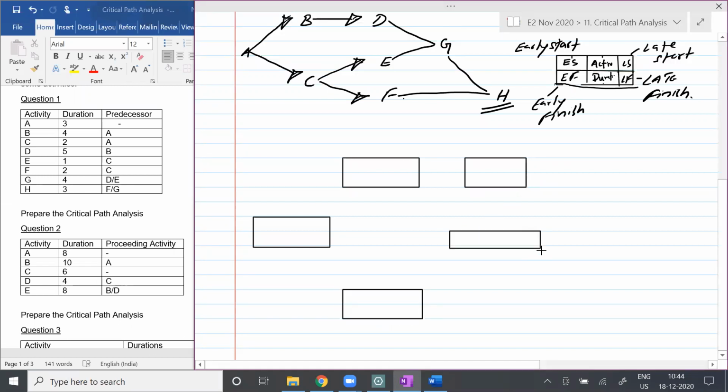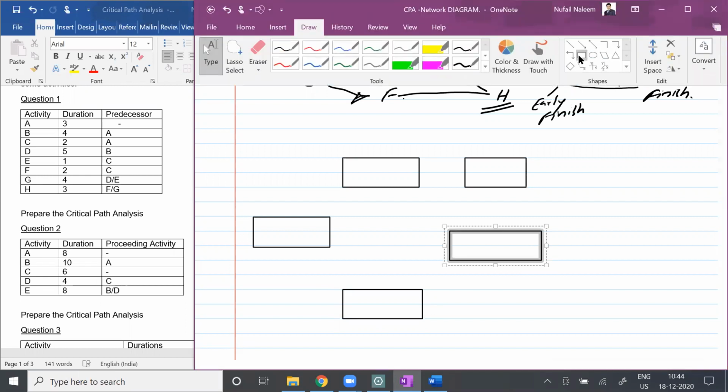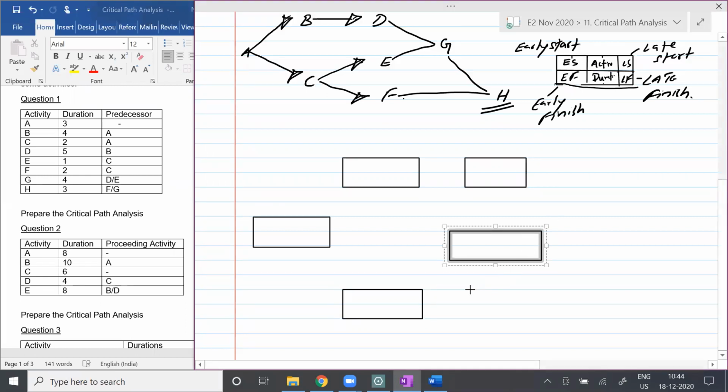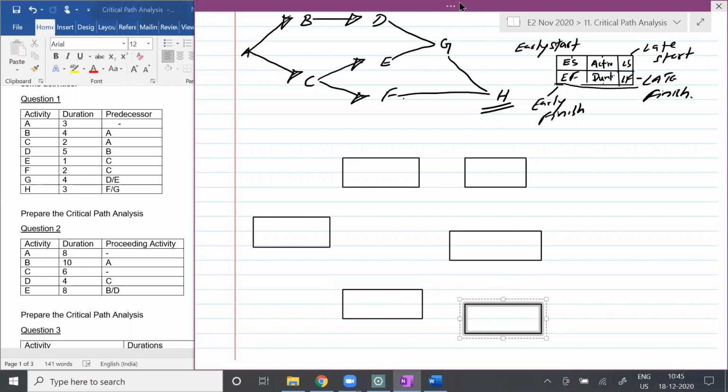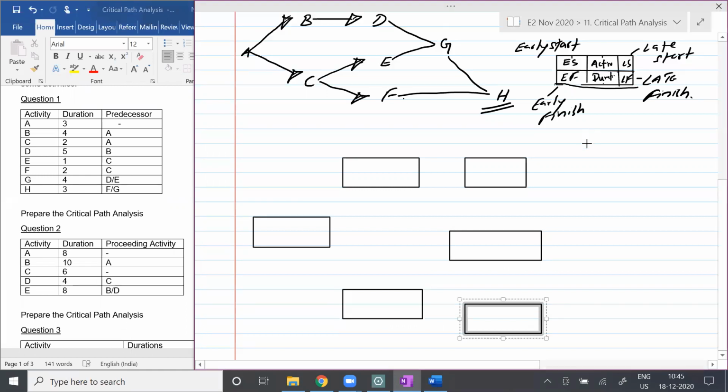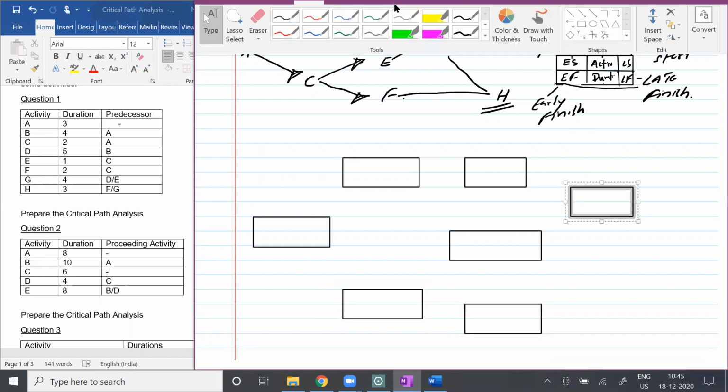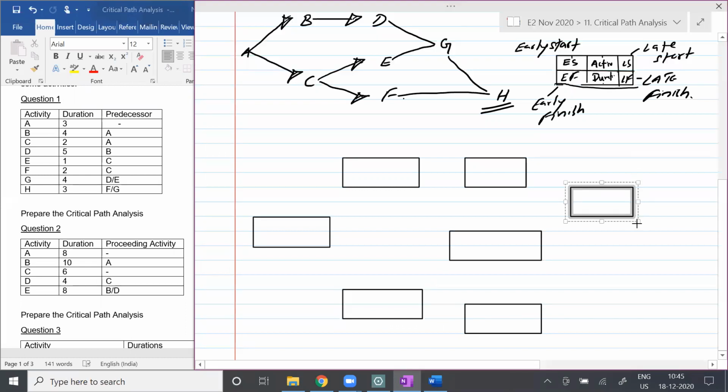Is that fine, Malik? Yes or no? For F, I am putting another box. That's also clear, right? And then, students, for G, I am putting another box. And the final one is what, students? H. For H also, I am putting another box.